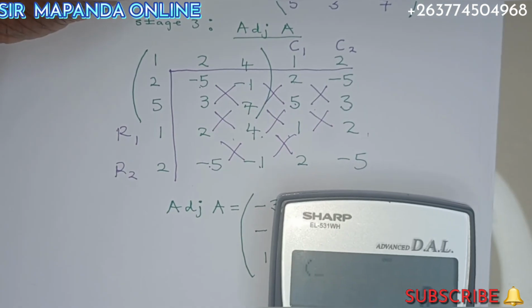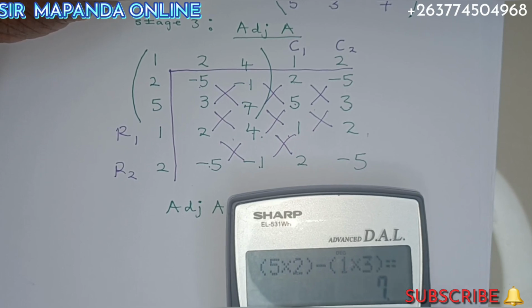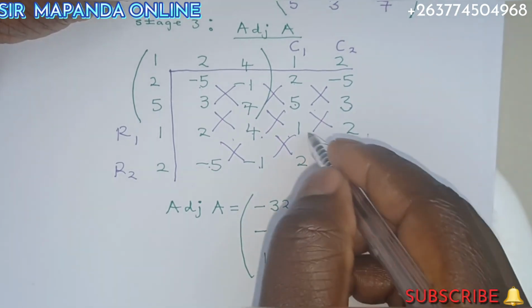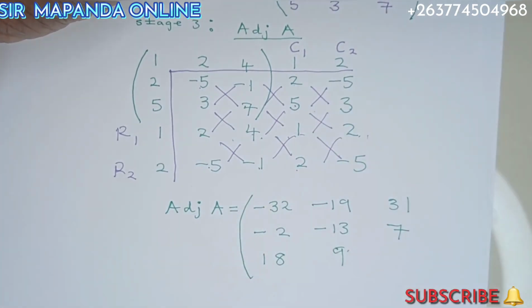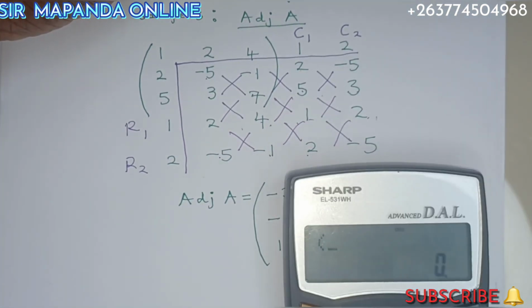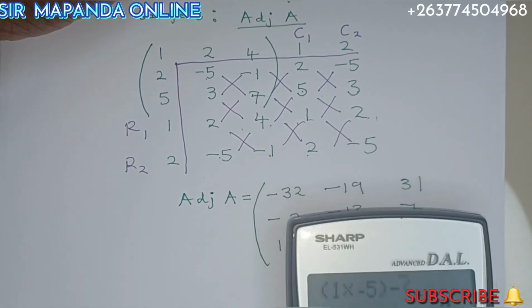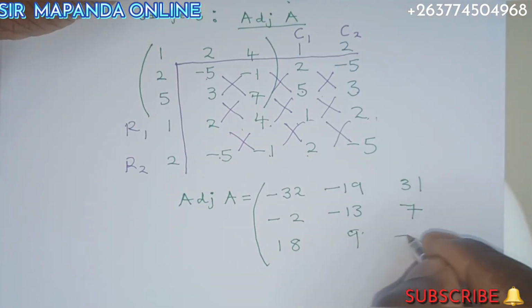So you are saying 5 times 2 minus open bracket 1 times 3. You get 7. I'm going to write 7. Then the last one is 1, 2, 2, and minus 5. So you are saying open bracket 1 times minus open bracket 2 times 2. You get minus 9. You write minus 9.